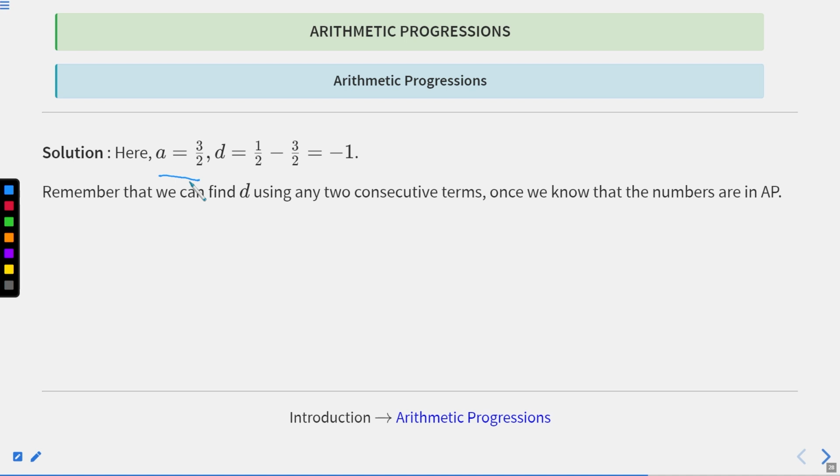So D is equal to 1 by 2 minus 3 by 2, and this is equal to minus 1. Remember that we can find D using any two consecutive terms once we know that the numbers are in AP. Note it down.